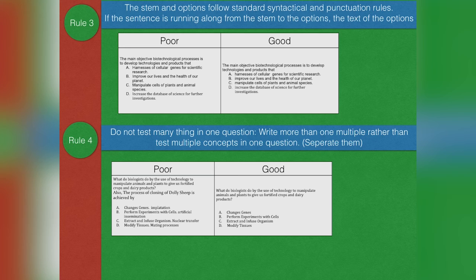Okay, let's read it. The main objective of biotechnology process is to develop technologies and produce products that harness. If you look at this harness, it's in capital H. If you connect this to this, you observe that this capital H ought not to be in the sentence.